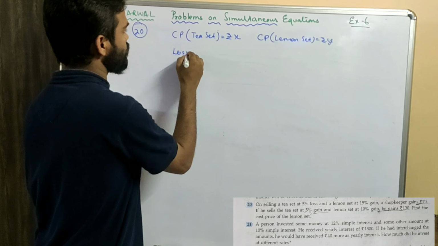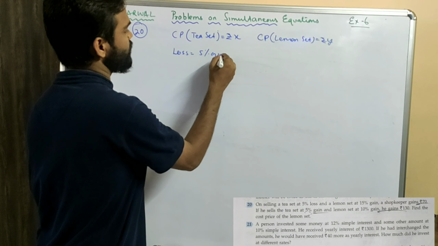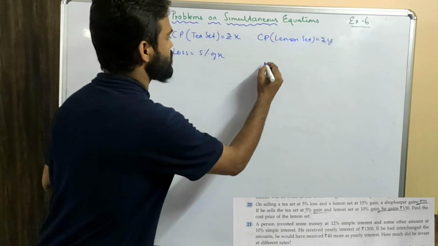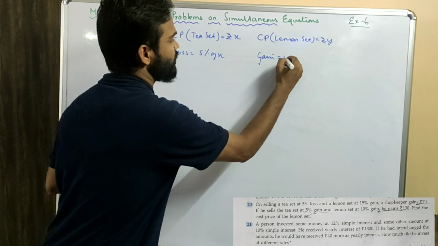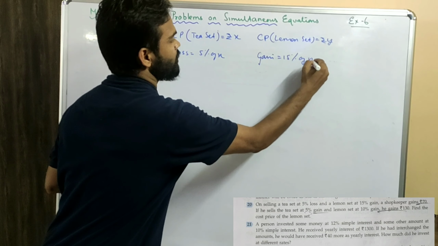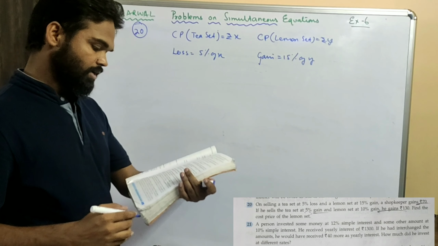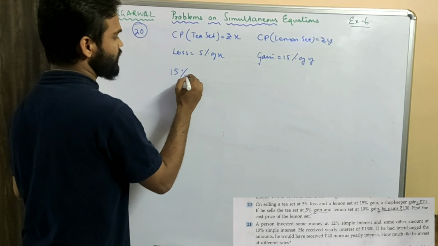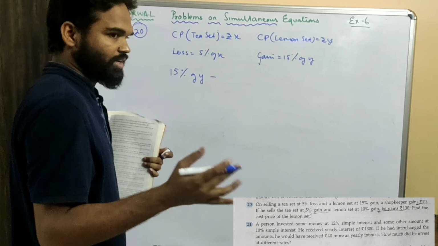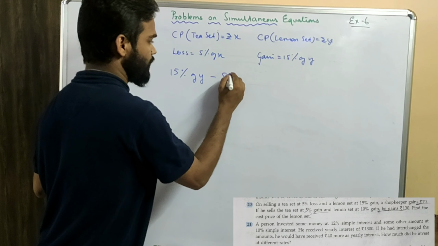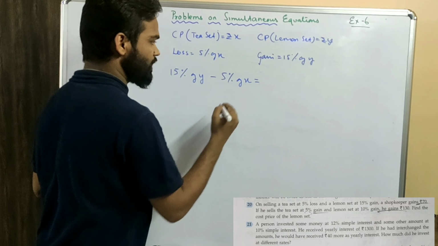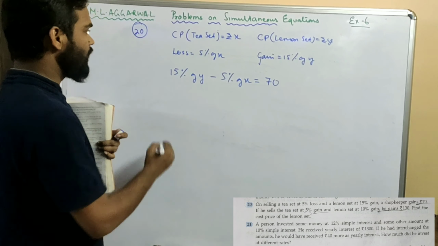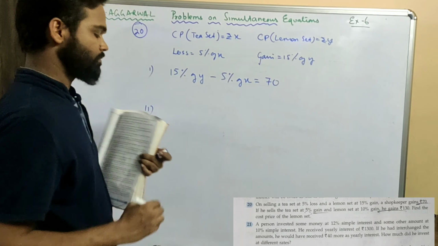So loss will be 5% of X and they have gained in lemon set 15%. So over here gain is 15%. So your gain will be 15% of Y and the shopkeeper gains 70, which means I can directly say 15% of Y, the total gain minus the loss will be my overall gain, which is 70. Done. This was my first equation.